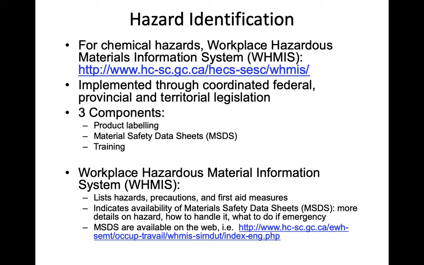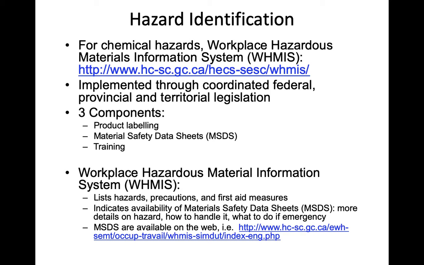Another example of hazard identification is WHMIS, which most of us should have completed prior to starting residency or any sort of employment in a health facility, or a lab. It's implemented through coordinated federal, provincial, and territorial legislation.